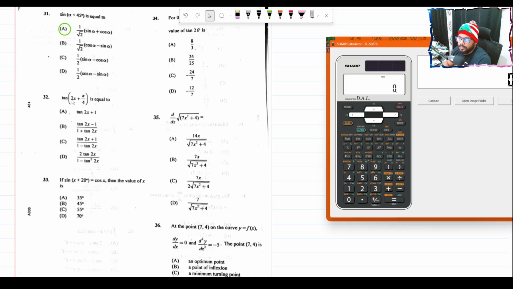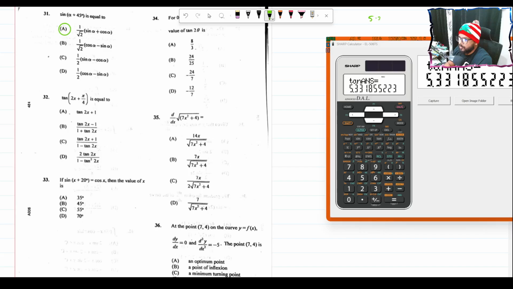Sorry. So you're going to have tan of 0.3 plus 2 by 0.3 plus pi on 4. 2 into 0.3 plus pi on 4, and it's tan of this. All right, and it's done. 5.331855223.